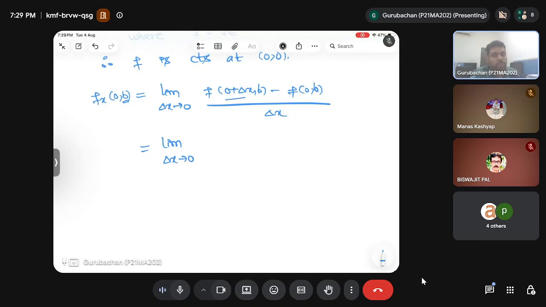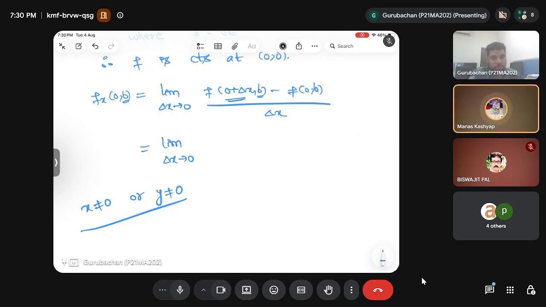Here this is a non-zero quantity. This is also a non-zero quantity. What is the meaning of x not 0 or y not 0? What is the meaning of this? If any one of them is non-zero, then that one is defined.